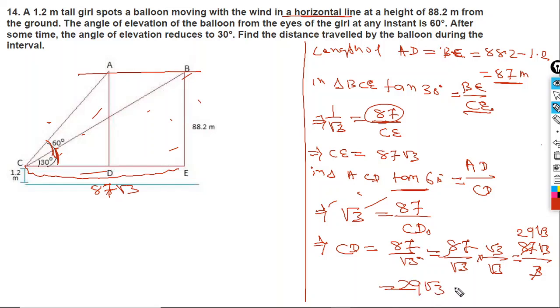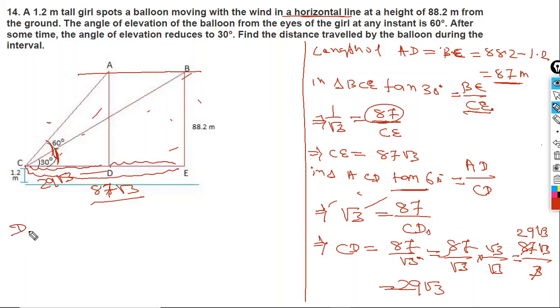Now look at what we get. We get the length of CD, this length, which is 29 root 3. We had the length of CE, this complete length, that is 87 root 3. What we have to find is DE, that is the distance covered by the balloon.